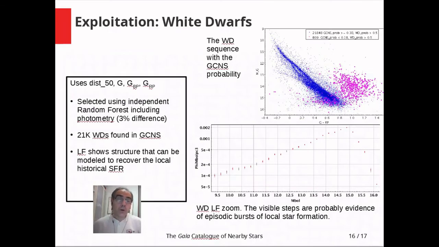And I am going to explain to you the white dwarf content in the Gaia catalog of nearby stars. Why are those objects so important? 95% of the stars end their lives as white dwarfs, and when they are converted into a white dwarf, they diminish a lot in brightness, and they are very difficult to trace and observe from Earth.